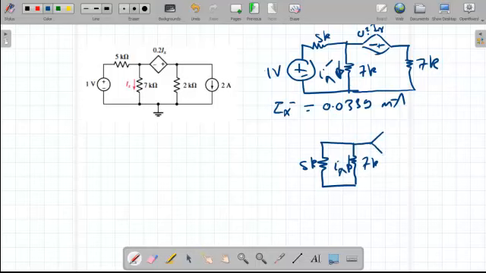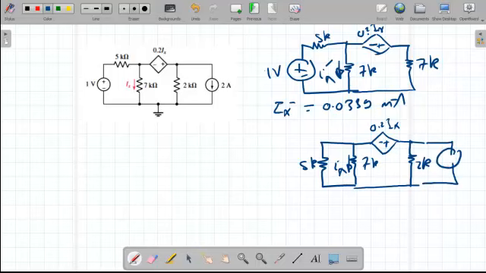This becomes minus negative 0.2 IX. Then this becomes 2K, and this is the current 2 amp. So from here we will find the IX double dash.